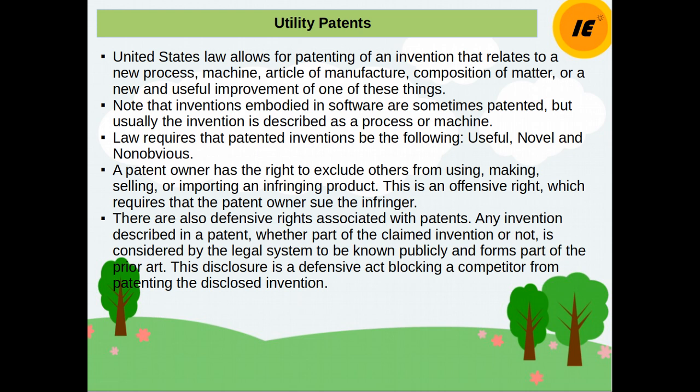From their point of view, if your invention is very ordinary and very obvious, they'd say, oh yes, this is obvious, and it will not be considered a patent. These are all the things that a patent examiner will check.